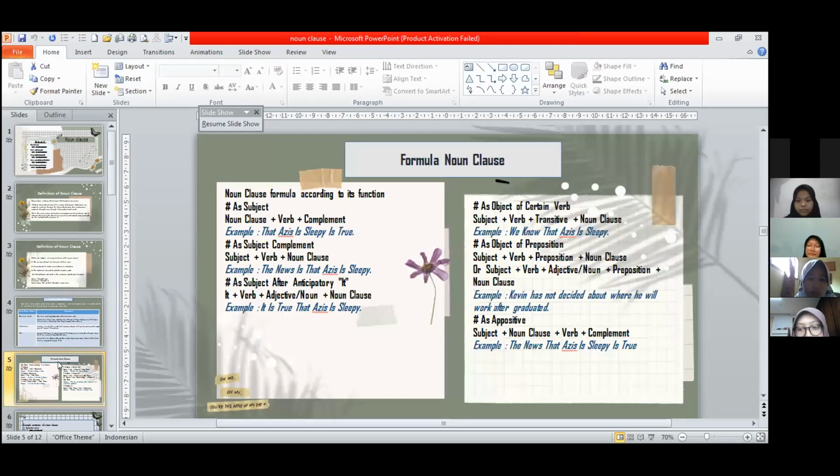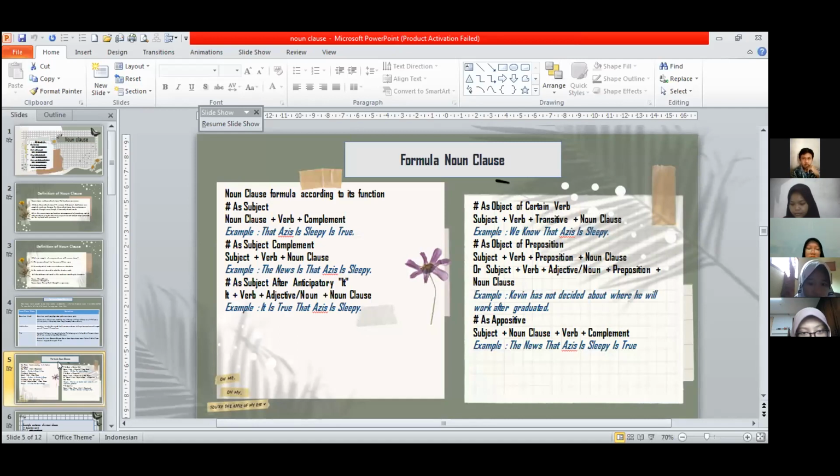Formula noun clause. Noun clause formula according to its function. As a subject: noun clause plus verb plus complement. Example: that Aziz is sleepy is true. As a subject complement: subject, verb, and noun clause.